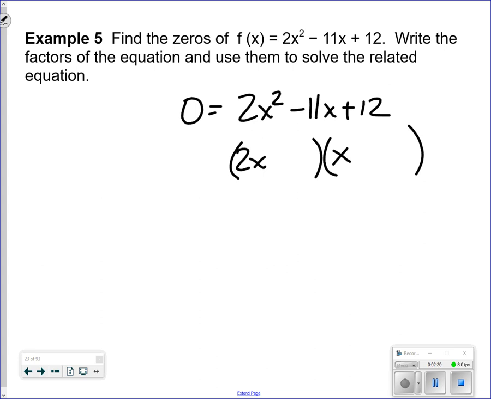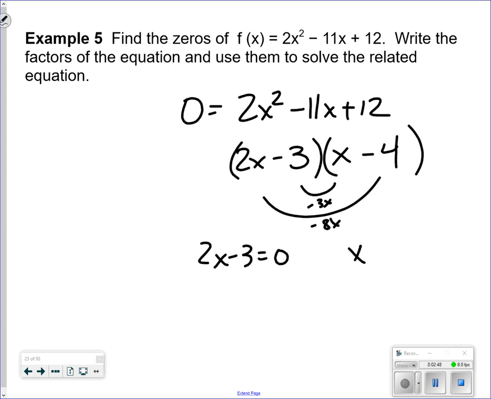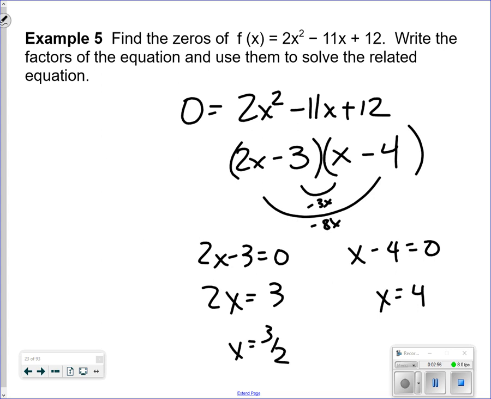So I guessed 2x and x, and then I'm going to guess a negative 3 and a negative 4. Check, this is negative 3x, the outside is negative 8x, so now I can solve it. So 2x minus 3 equals 0, x minus 4 equals 0, x is equal to 4, and x is equal to 3 halves. So my zeros are 3 halves and 4.